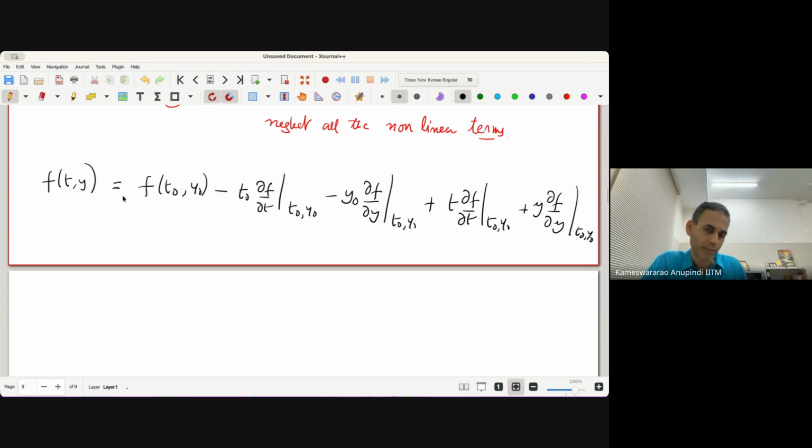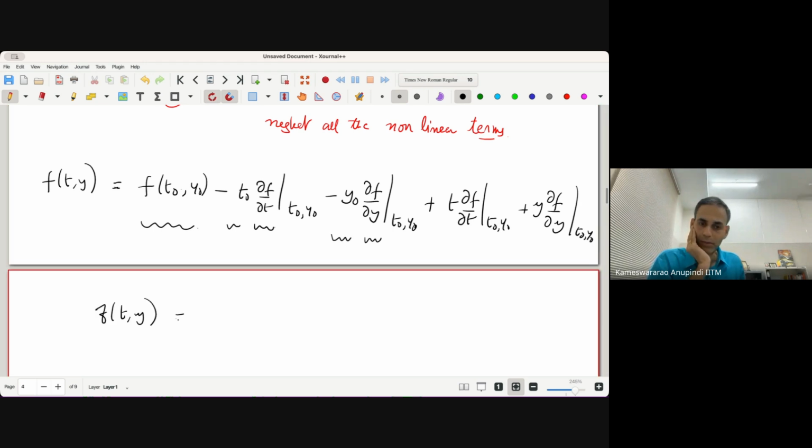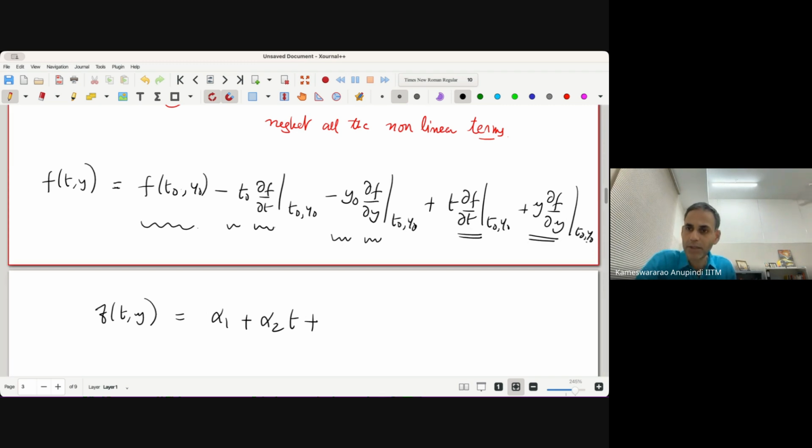Then essentially I can write this as follows, because this is a constant, already known, since I'm evaluating a function at t naught comma y naught. Similarly, partial f partial t at t naught, y naught is a constant, t naught itself is a constant, y naught is a constant, and partial f partial y evaluated at t naught comma y naught is also a constant. So all these things are constant. So we can write f of t, y, which is the right hand side in the model equation, equals some alpha 1, a constant, plus another constant multiplied with t, so alpha 2 times t, plus partial f by partial y, which is a constant.